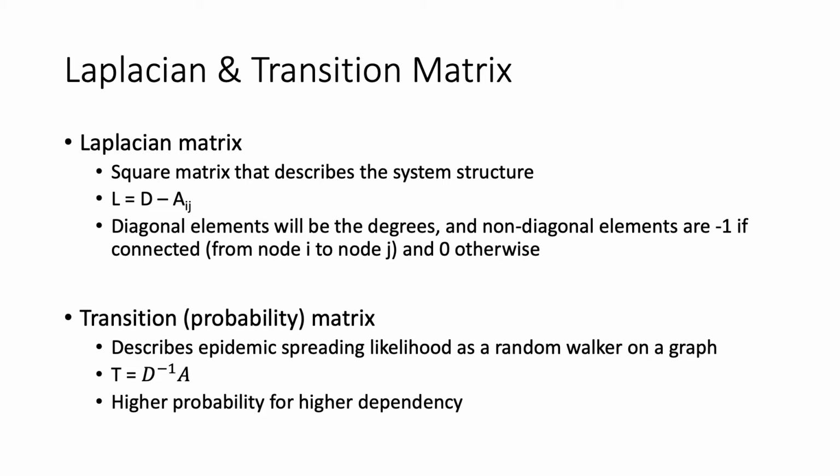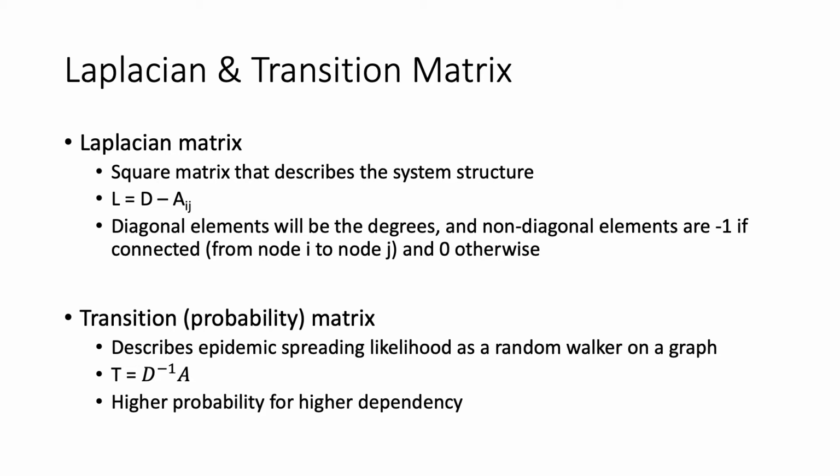And the formula will be the dependency matrix minus the adjacency matrix. So in this case, the diagonal elements will be the degrees, and the non-diagonal elements are going to be -1 if node i and node j are connected, and 0 otherwise.